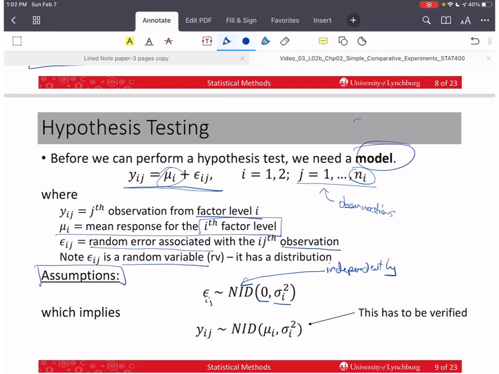This implies that Yij has a normal independent distribution with mean mu i and variance sigma i squared.